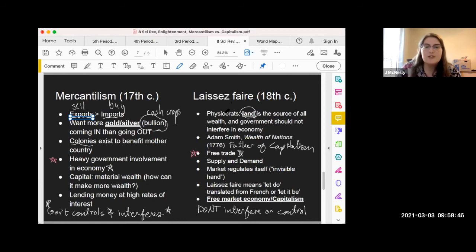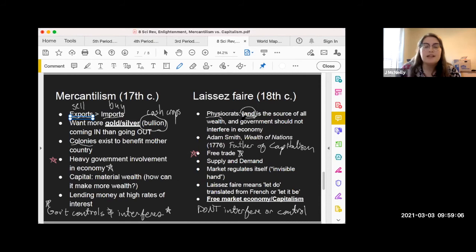Well, physiocrats like Adam Smith said that gold and silver can't be the basis for wealth because of inflation. Land has to be the source of all wealth. So how I remember this is I think, okay, physical, land is physical wealth.